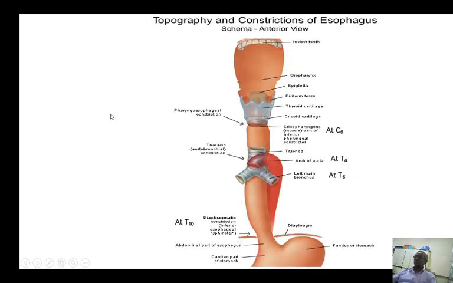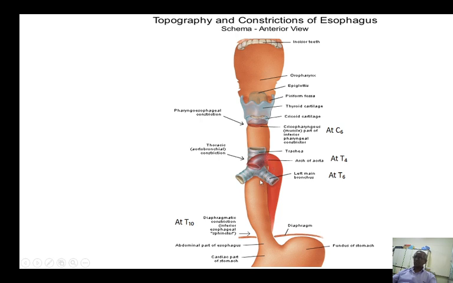So here we are showing the constrictions of the esophagus. The first one is at the 6th cervical vertebral level, where the cricopharyngeal muscle is constricting the esophagus at its beginning. Then at the level of the 4th thoracic vertebra, the esophagus is crossed by the descending aorta, or we can say the arch of aorta, which is also giving a constriction.